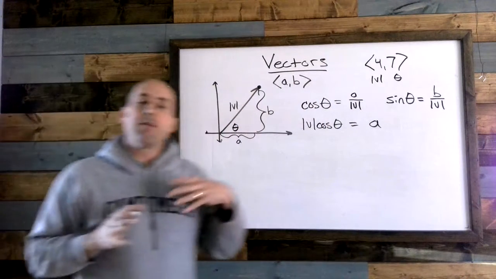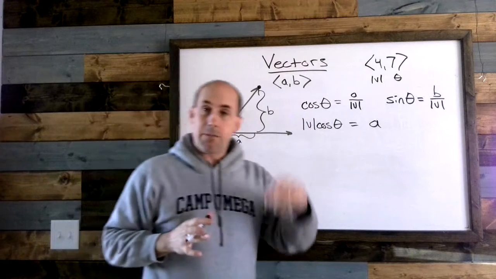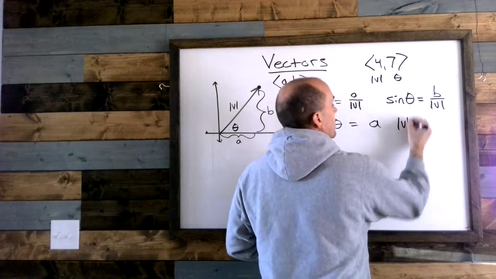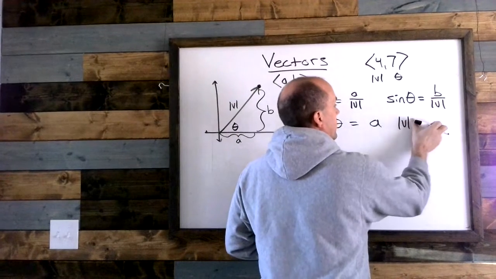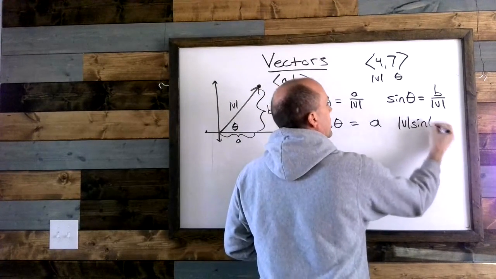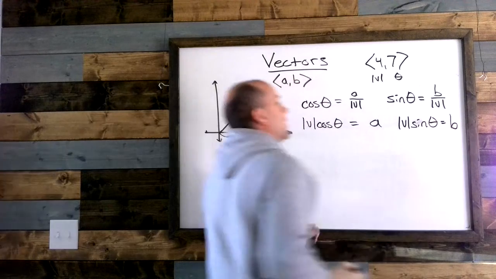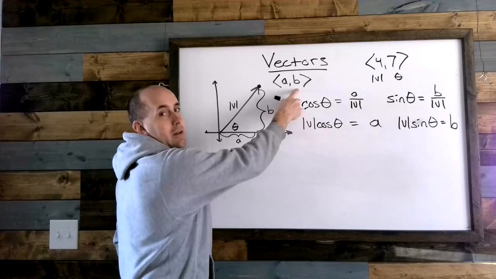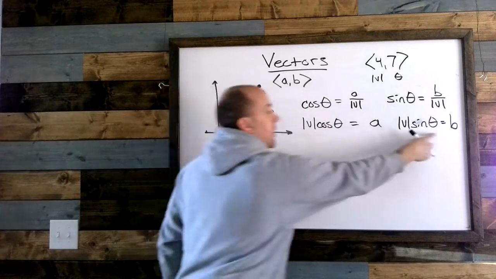So I have sine of theta is equal to b divided by the magnitude. If I multiply both sides by the magnitude, I get the magnitude of the vector times the sine of theta is equal to b. So if you want to find a and b, you just set that up.